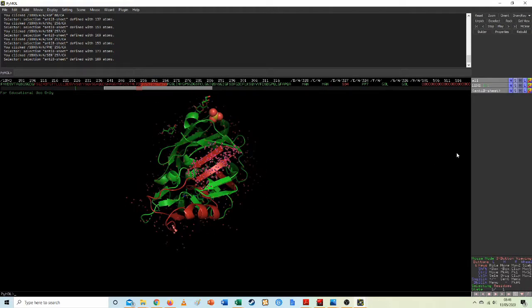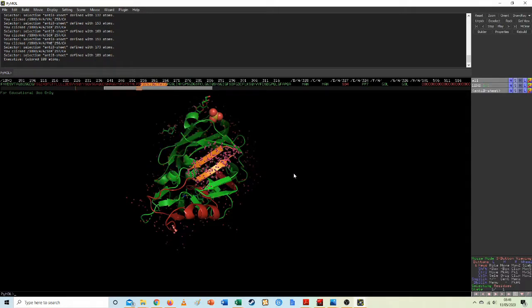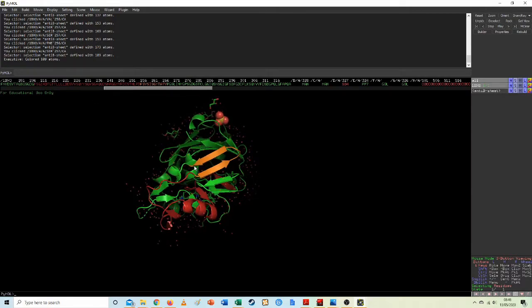It doesn't matter. What I'm going to do is color my selected ones. Let's go for that TV orange again. Okay. Right. Now, that was so difficult to figure out where things are, simply because, as you can see, the beta pleated sheets are not necessarily made of a contiguous line of amino acids.